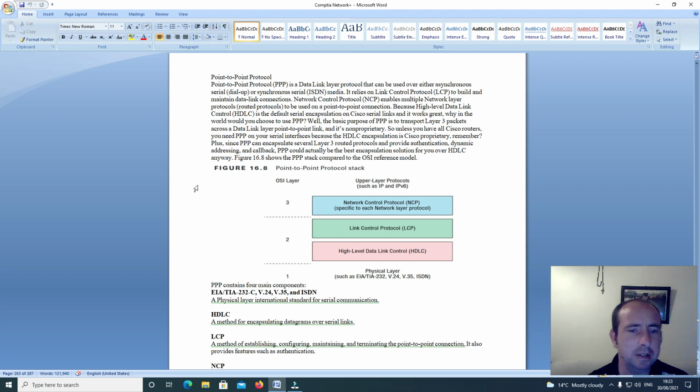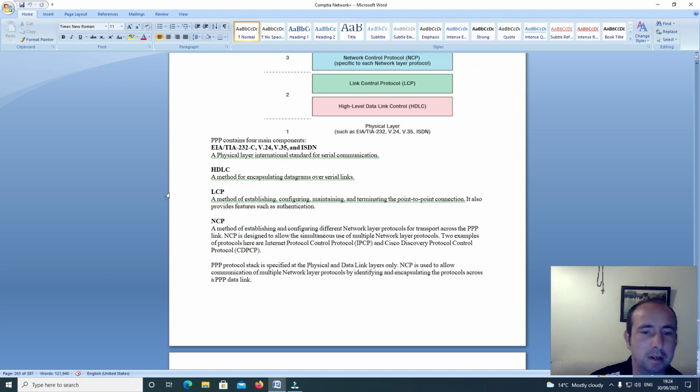Plus, since PPP can encapsulate several layer 3 routed protocols and provide authentication, dynamic addressing and callback, PPP could actually be the best encapsulation solution for you over HDLC anyway. Figure 16.8 shows the PPP stack compared to the OSI model.